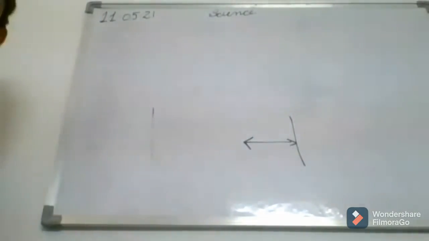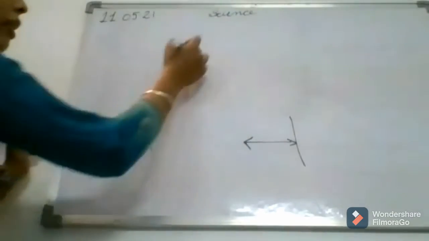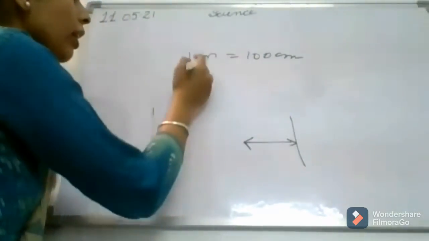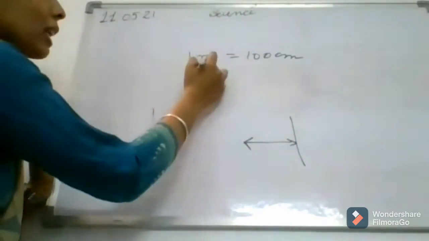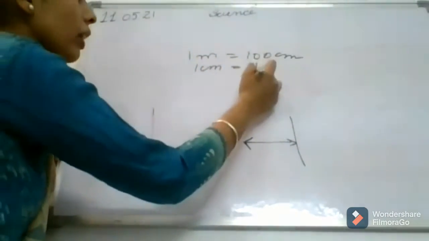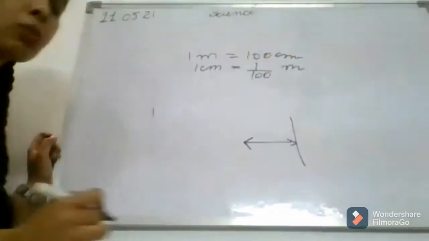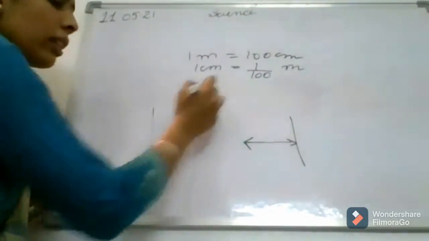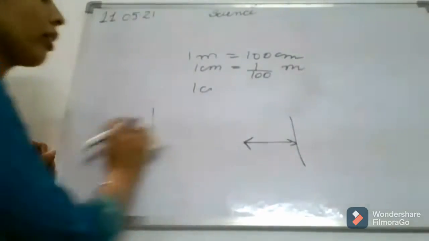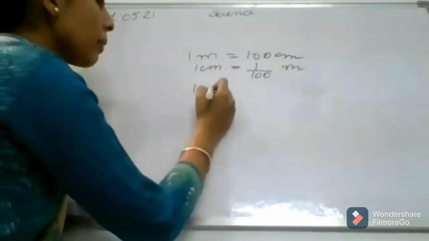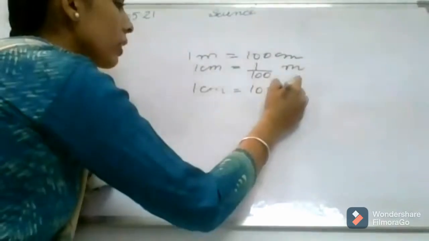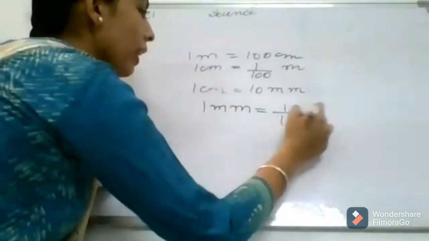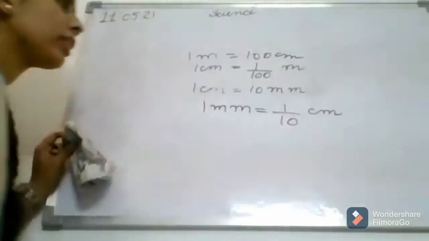And then we have discussed the units that 1 meter is equal to 100 centimeter. So if you have to find 1 centimeter, then what will you do? 1 upon 100 of a meter. Clear? And 1 centimeter is equal to 10 millimeter, then 1 millimeter is equal to 1 upon 10 of centimeter.